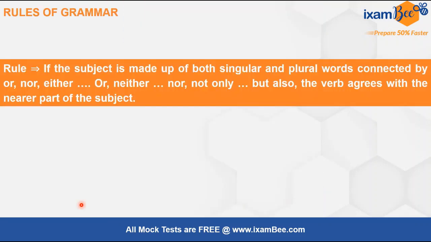So the first rule of grammar says, if the subject is made up of both singular and plural words connected by or, nor, either or, neither nor, not only but also, the verb agrees with the nearer part of the subject.